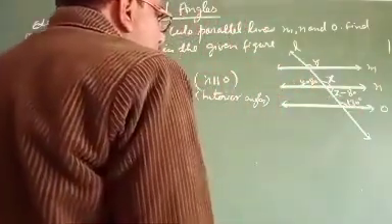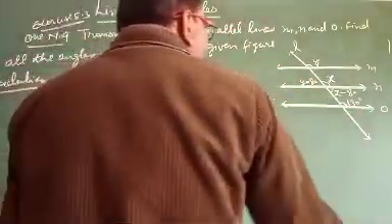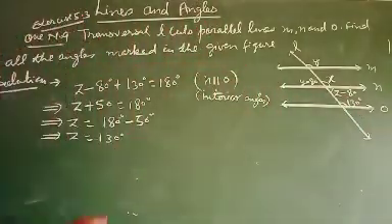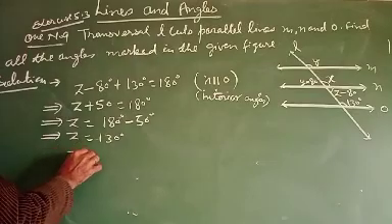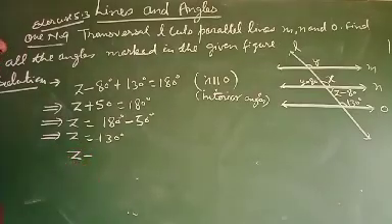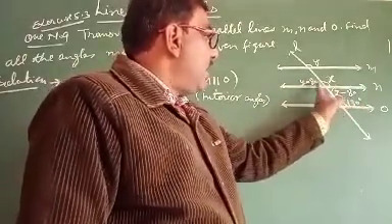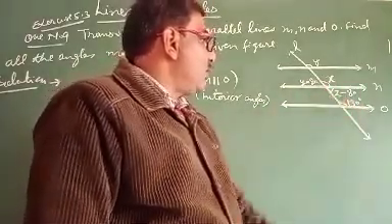Therefore this angle will be Z minus 80. Now this angle Z minus 80 and Y minus 80 are vertically opposite angles.